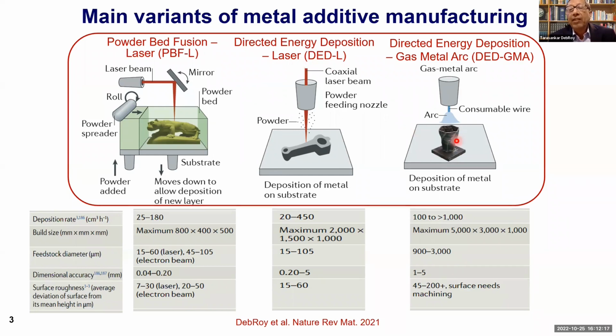And the only drawback here is that the surface is not very smooth. It has waviness and roughness, but it can make very large specimens very quickly. These are the three main processes that I'm going to be focusing on for metal additive manufacturing.